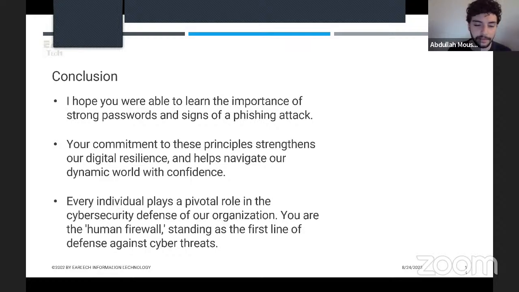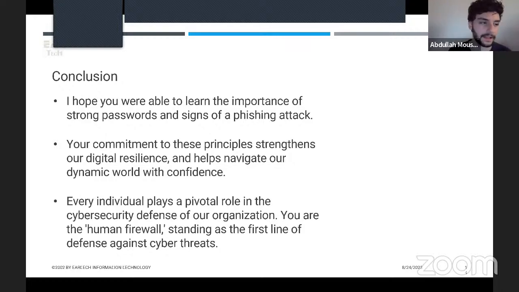I hope through our presentation today that you've gained some insight into cybersecurity, from recognizing the significance of robust passwords to identifying the signs of a phishing attack. Your dedication to these fundamental principles strengthens our digital resilience and helps you navigate online with confidence.